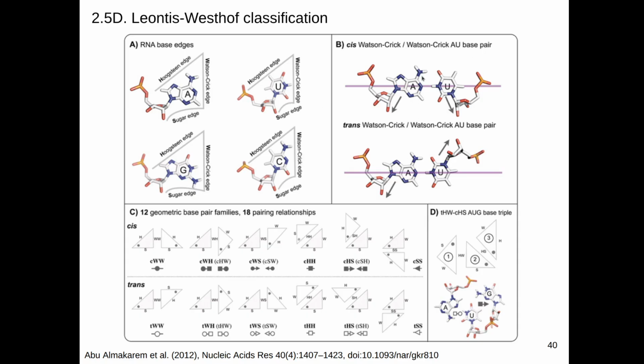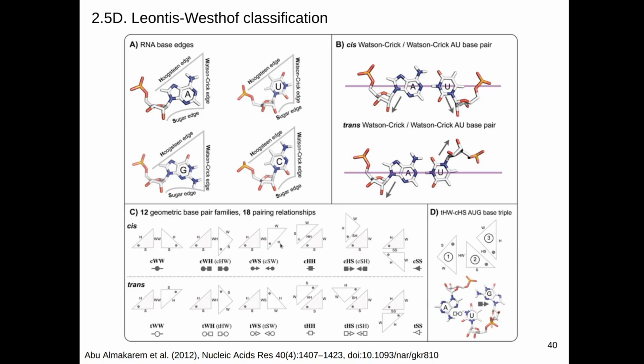So we have three interacting edges, H, W, S. And we have two possible orientations of glycosidic bonds. So if they're oriented in the same way, then it's a cis base pair. If they are oriented in the opposite way from the base pair axis, then we call it a trans base pair. So this cis or trans and two interacting edges give us a geometric classification of base pair families. So these are the families.